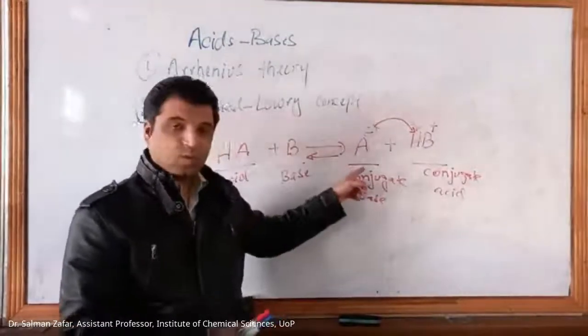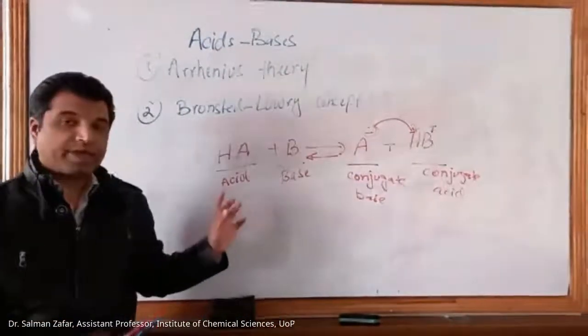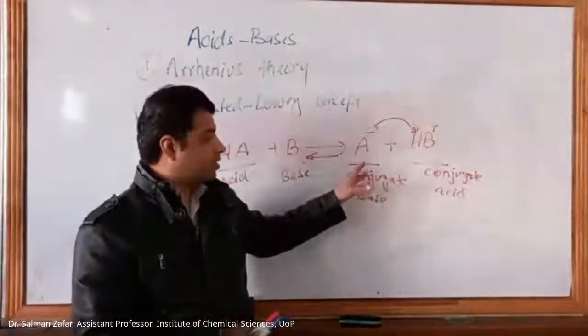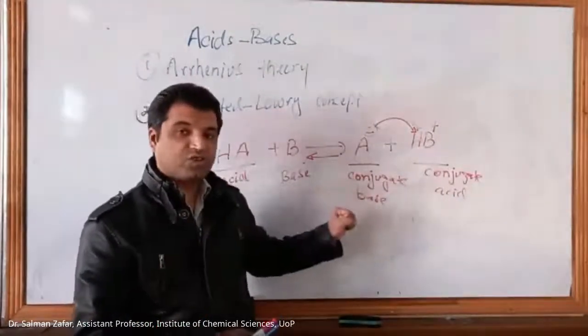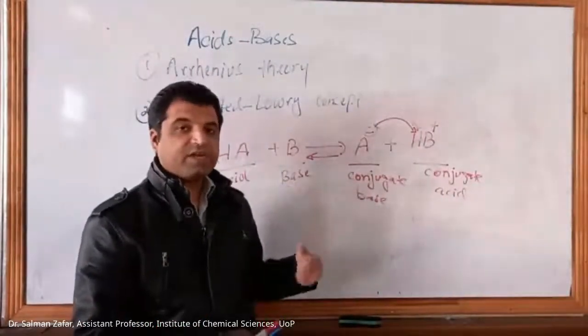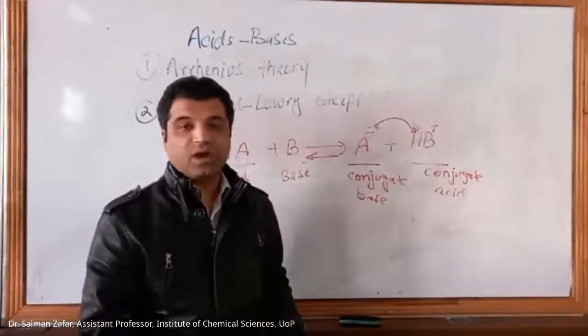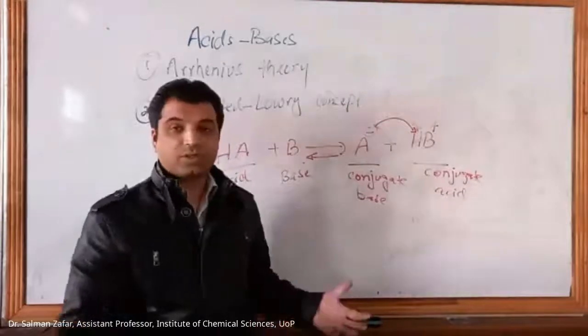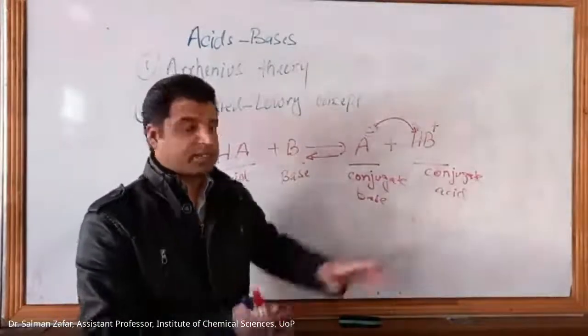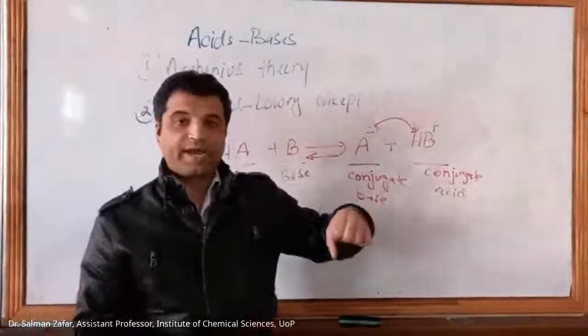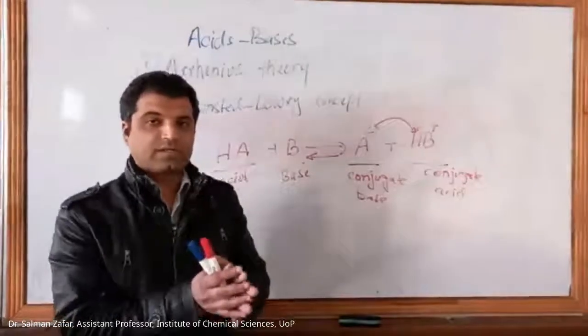And that is the reason why this HA is a weak acid, because its conjugate base is very strong, it's highly reactive, its charge density is higher, its charge is not stabilized, or its charge is not dispersed over a larger area. It is accumulated on one atom or a certain part of this anion.